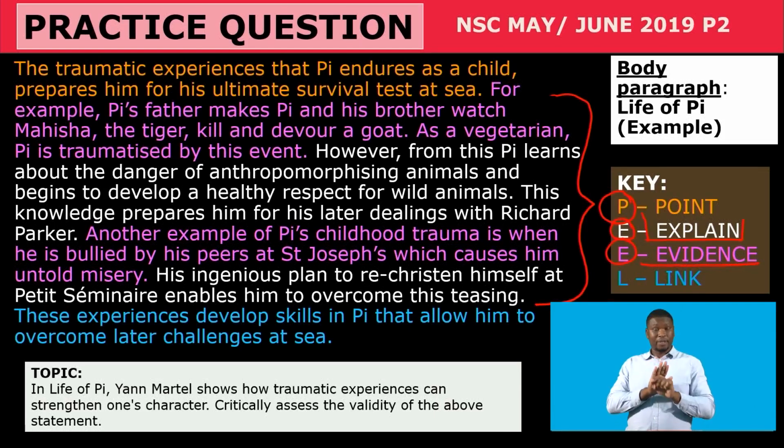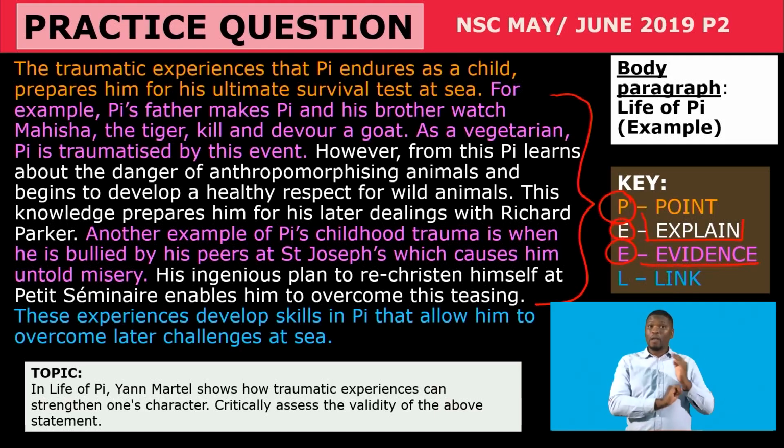Another example of Pi's childhood trauma is when he's bullied by his peers at St. Joseph's, which causes him untold misery. His ingenious plan to rechristen himself, so that means to rename himself, at Petit Seminaire enables him to overcome the teasing. So once again, he is constructing a plan to overcome his obstacles.